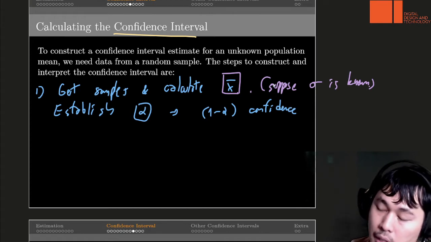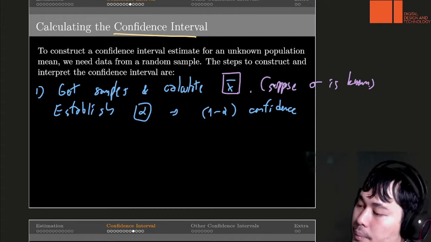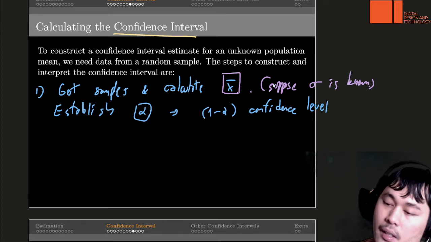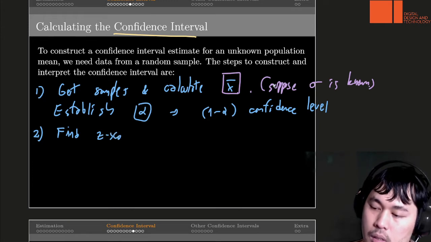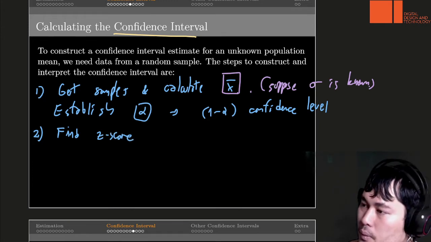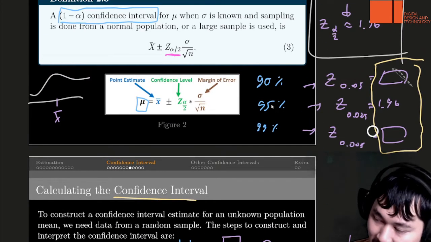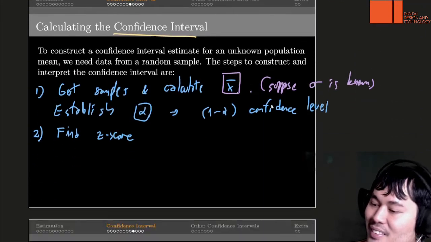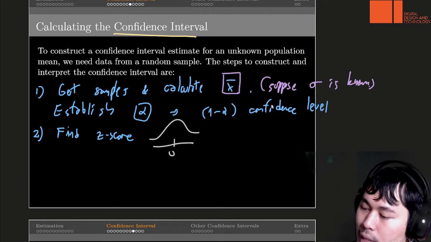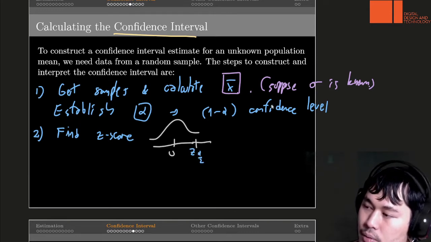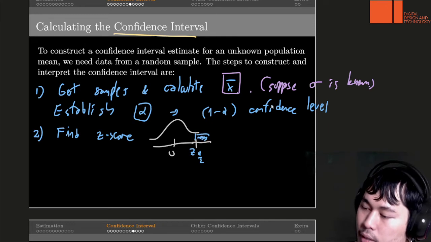The default number is 0.05, but you can use any number you want. Then for the z-score, again, you can just remember these three numbers, or draw the curve by the point. Let's see, alpha over 2, where this area is alpha over 2.